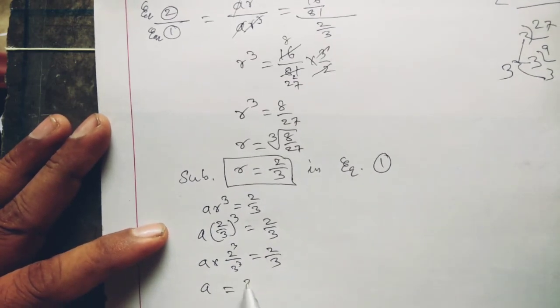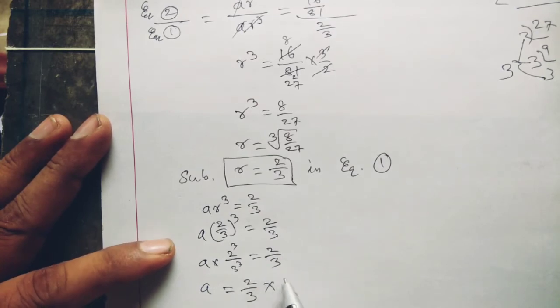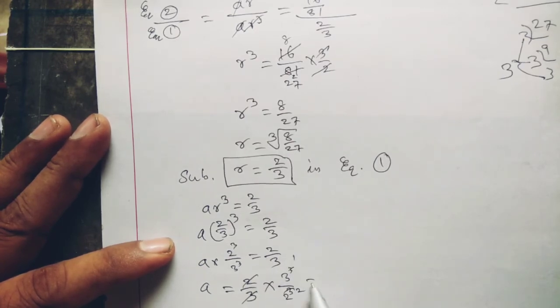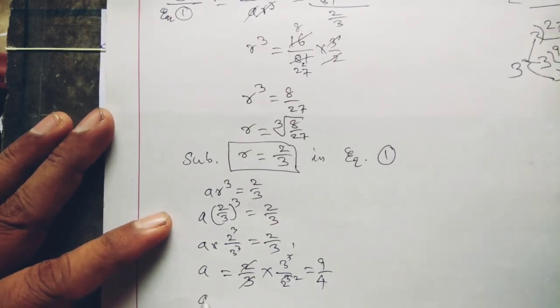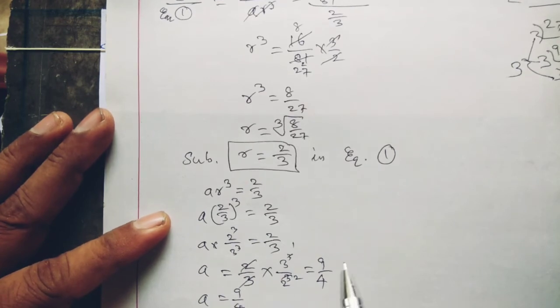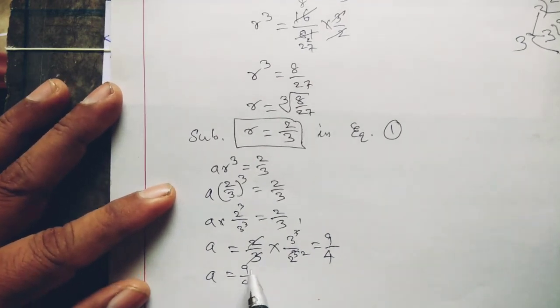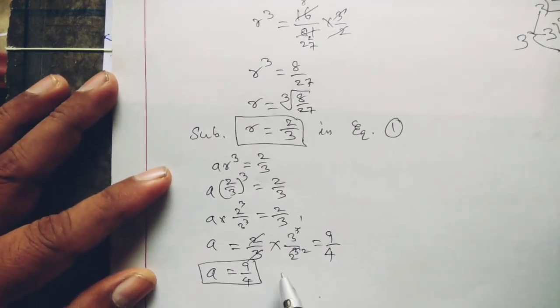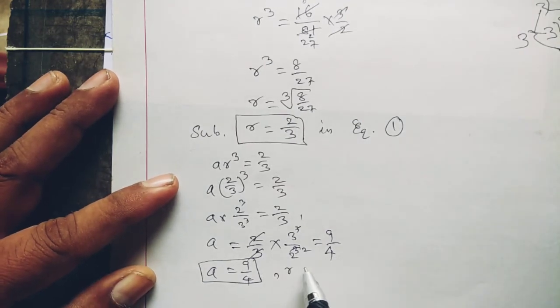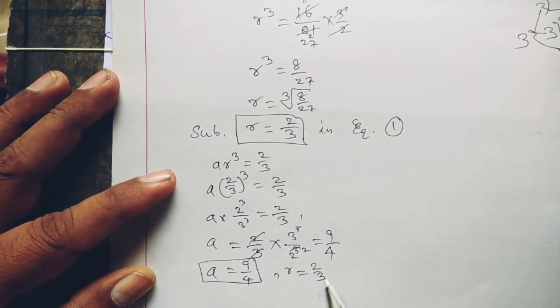A is equal to 2 by 3 into 3 cube by 2 cube. 2 ones here 2 cut, 3 ones here 3 cut, so 9 by 2 to the 4. A is equal to 9 by 4. So these values: A is equal to 9 by 4, R is equal to 2 by 3.